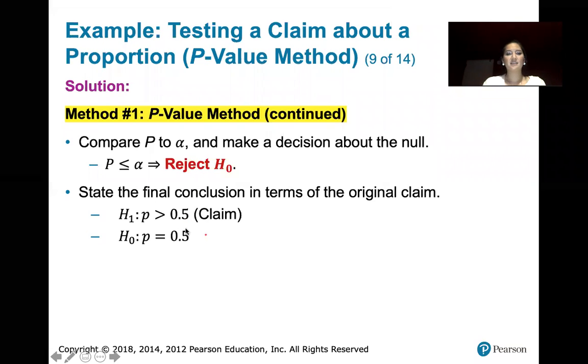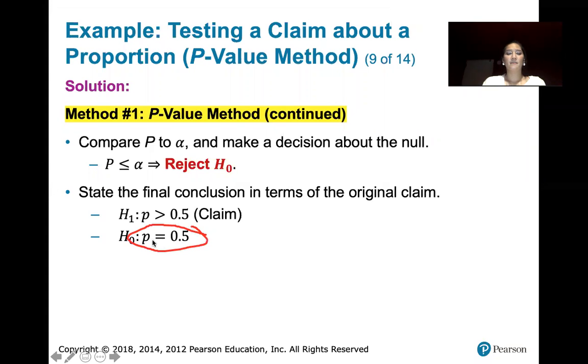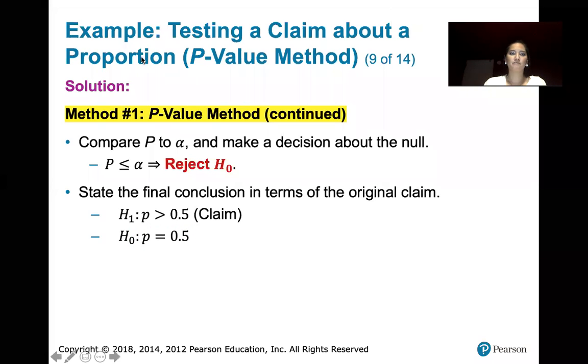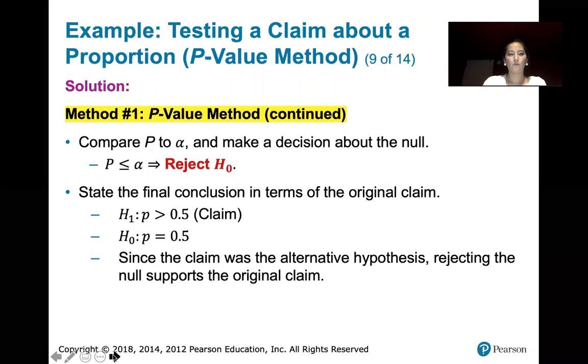So what we're saying is sample evidence suggests that that proportion of lawsuits that are dismissed or dropped is not equal to 0.5. In fact, we're sure that that proportion is greater than 0.5, especially since that p hat was all the way on the far right. So we're rejecting this idea that p is equal to 0.5.